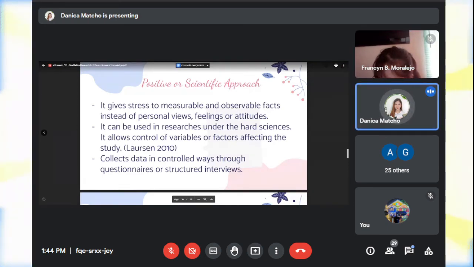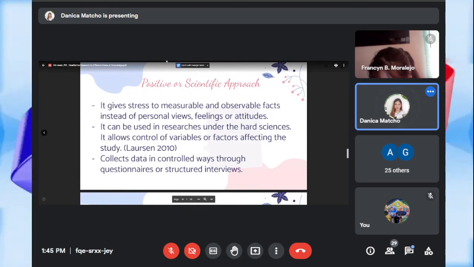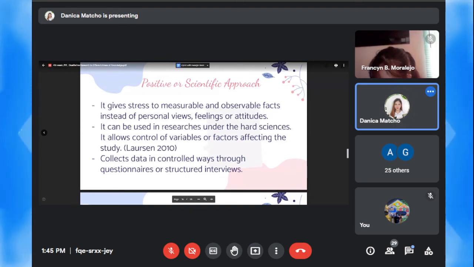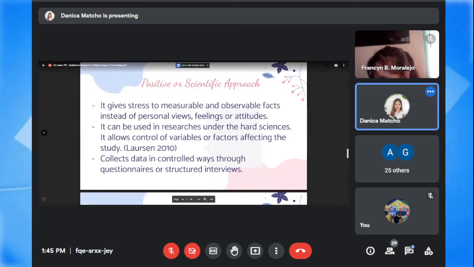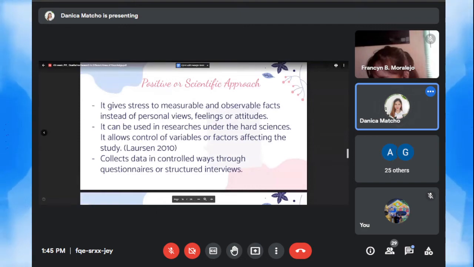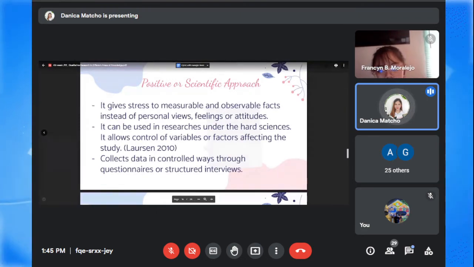Now, guys, what have you noticed upon reading the positive or scientific approach? Ano yung napansin nyo kay positive or scientific approach? What have you observed? Saan siya parehas?